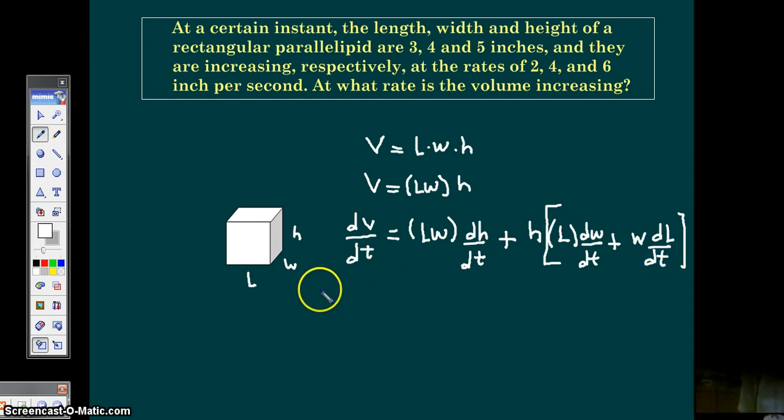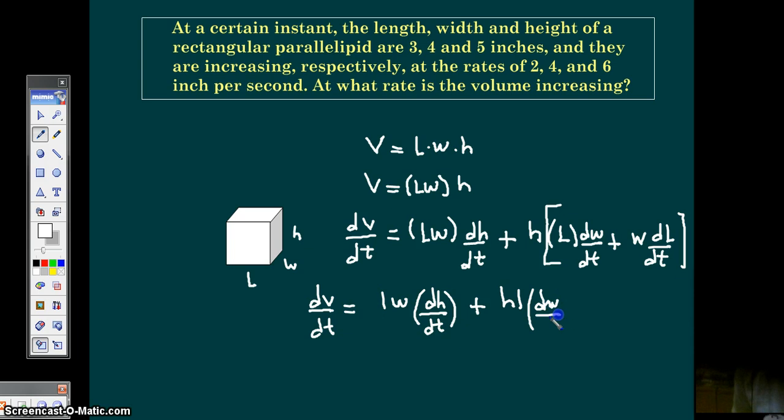Now let's simplify this equation that will relate all the rates of change. dV over dt is equal to LW times dH over dt, plus, distributing H, HL times dW over dt, plus HW times dL over dt.